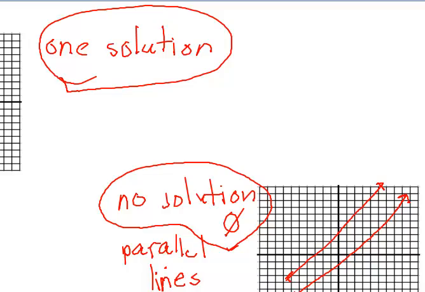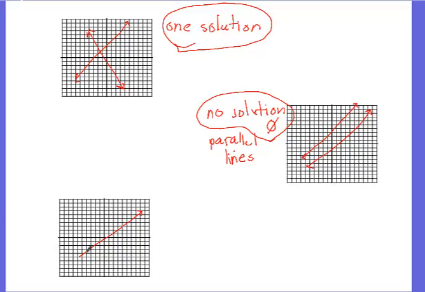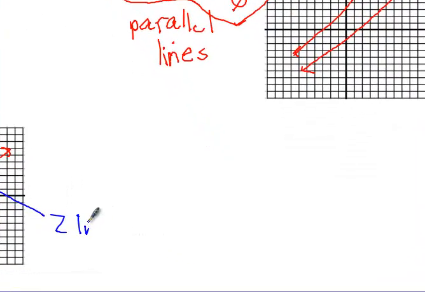The first type was one solution. The second type was no solution. Now what happens if we have two lines that are exactly the same? So this is two lines on top of each other. Well, are those lines ever going to not touch if they're on top of each other? The answer is no. My pen's a little quirky.